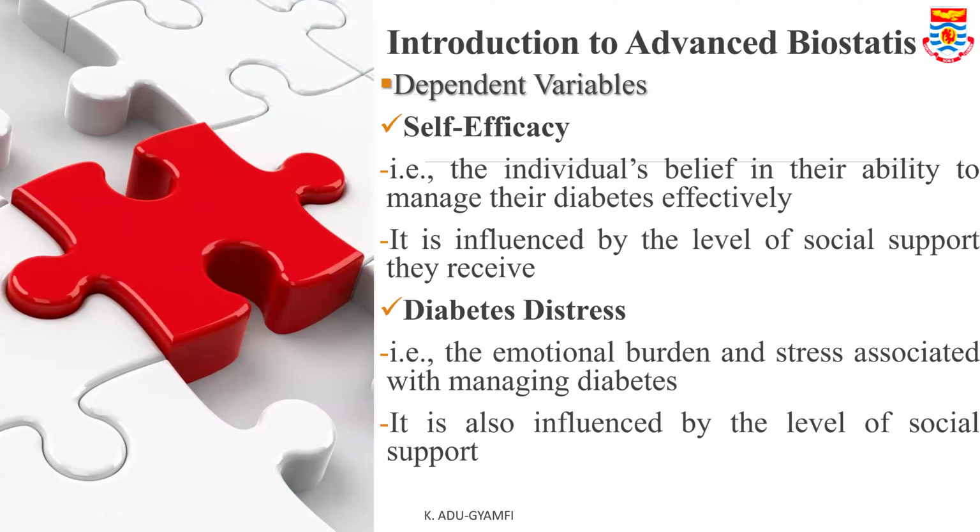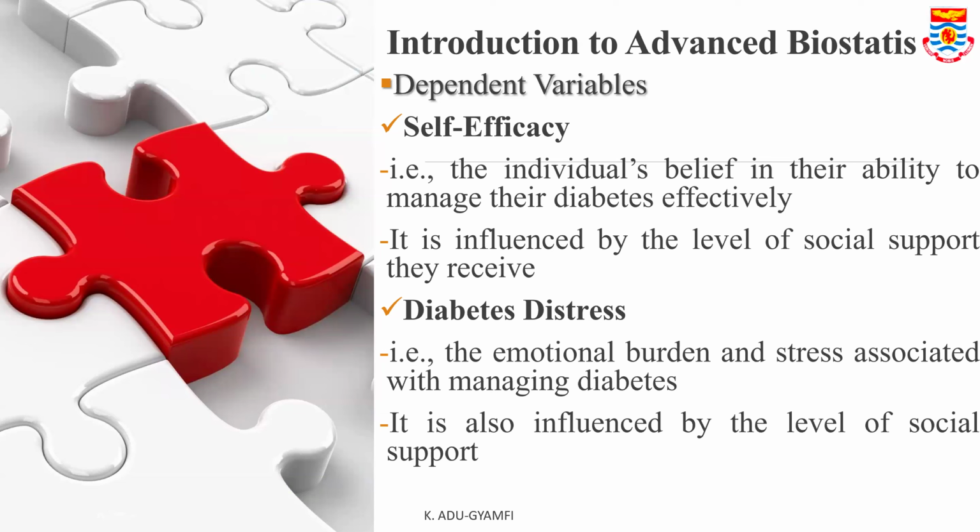Now, the dependent variables can be self-efficacy. That is, the individuals believe in their ability to manage their diabetes effectively. It is influenced by the level of social support they receive. Or diabetes distress.